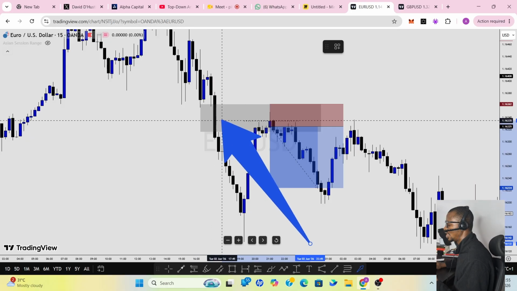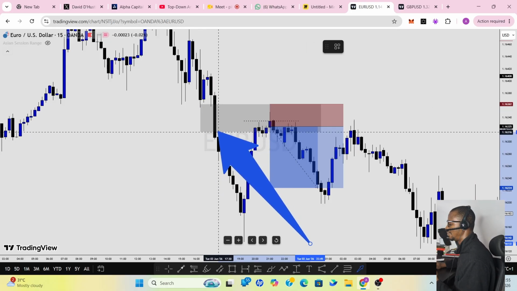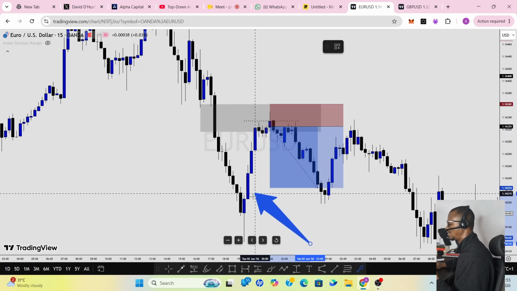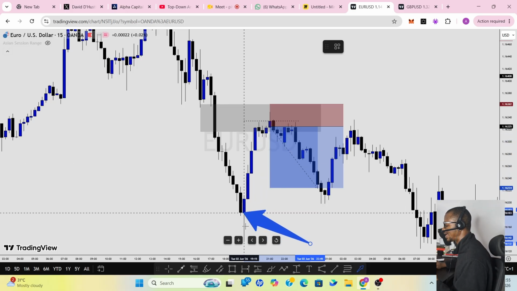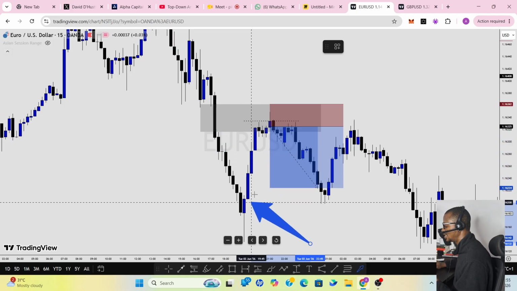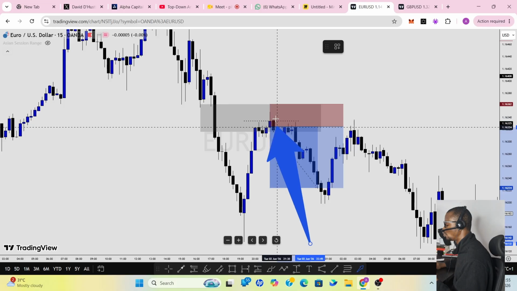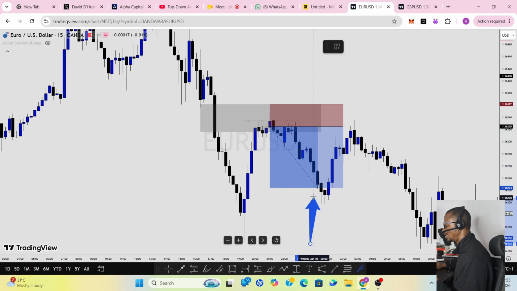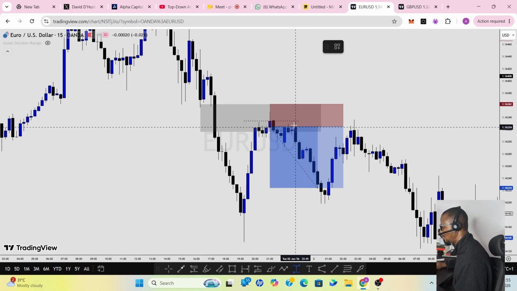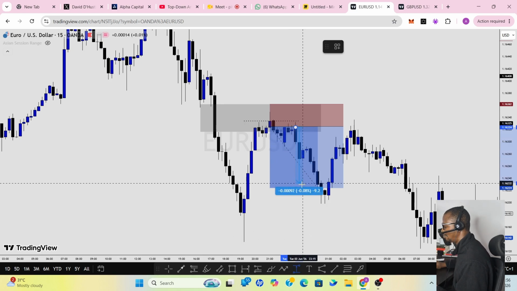Number one, you have your fair value gap acting as your dynamic supply zone, and equally you have another fair value gap. By the time price was moving into this master fair value gap, it equally created another fair value gap. So once you want to enter from here, you discover that you are going to have a clean 1 to 2. You understand? Because price will likely price into that fair value gap, right?